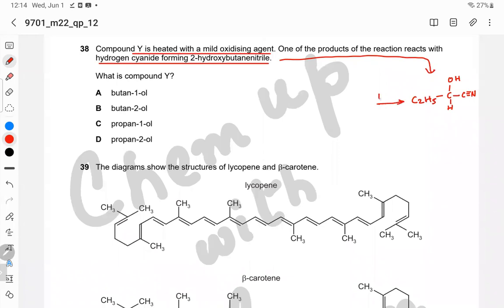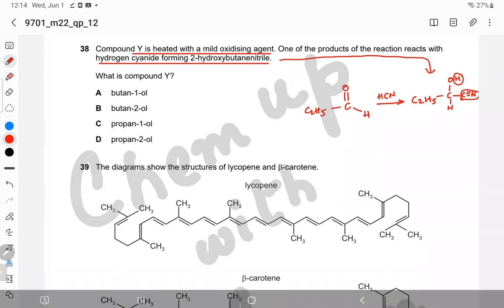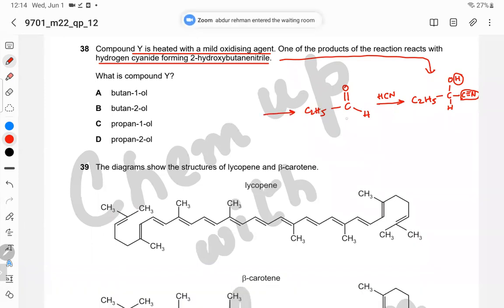And they said that it is formed when the oxidation product reacts with hydrogen cyanide. So if you recall, with hydrogen cyanide, only aldehyde and ketone will react. So I am going to remove this and this from this structure, so I get the intermediate product, the oxidation product.